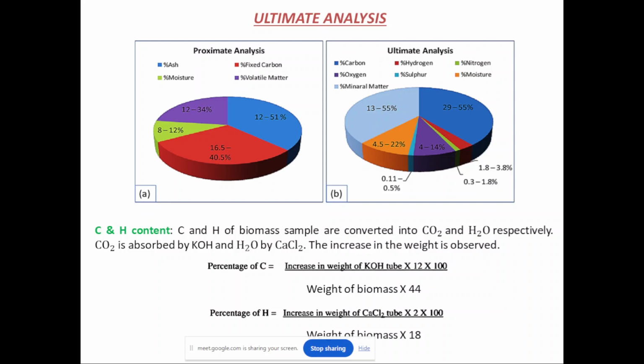You take some amount of your biomass sample and burn it in oxygen. The carbon, when burnt in stoichiometric ratios of oxygen or an excess supply of oxygen, will get converted to carbon dioxide, and hydrogen will react with oxygen forming water molecules.